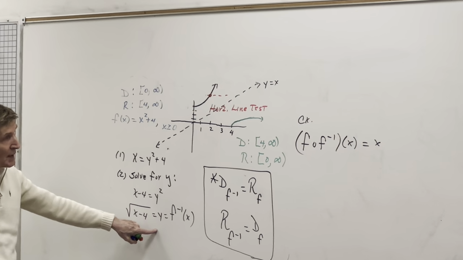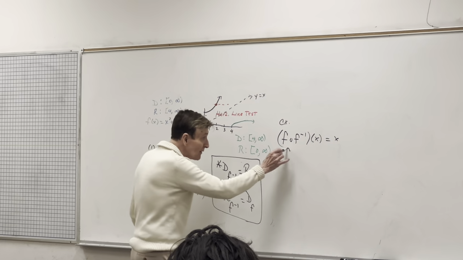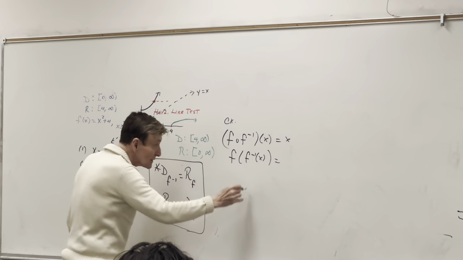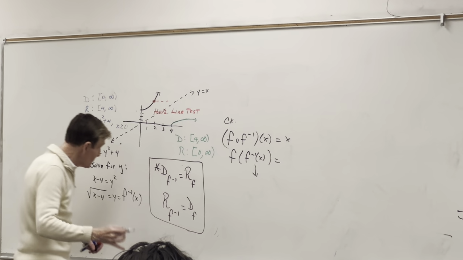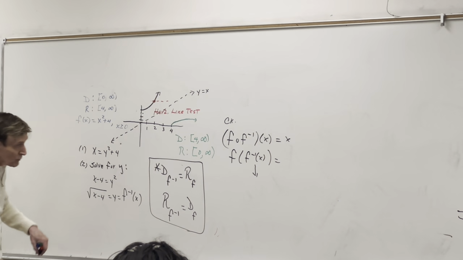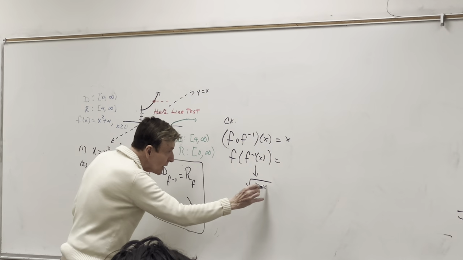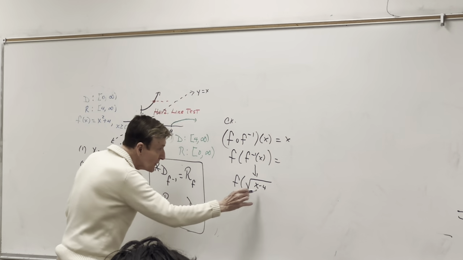Down here it is. Guys, this means take f of the inverse, and we're hoping to get x. The inverse we think is the square root of x subtract 4. Is that in there? I'm taking f of that.